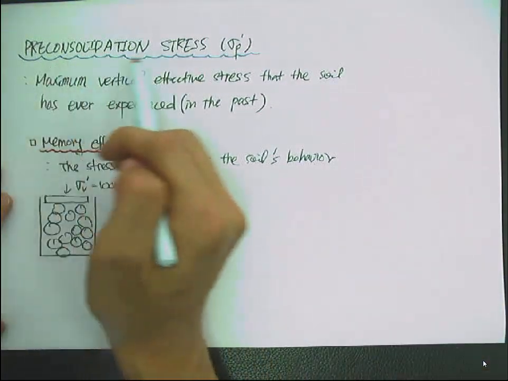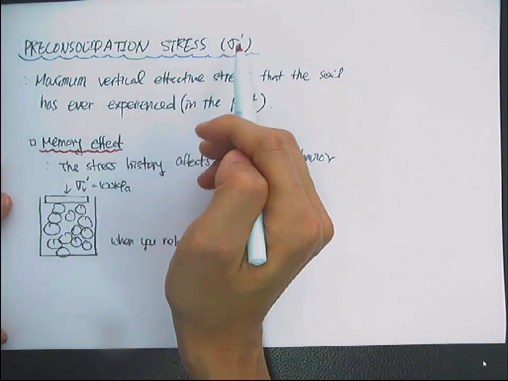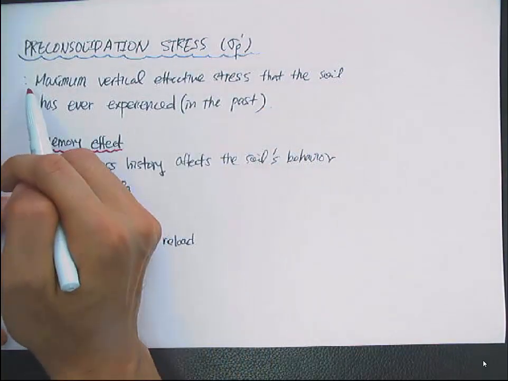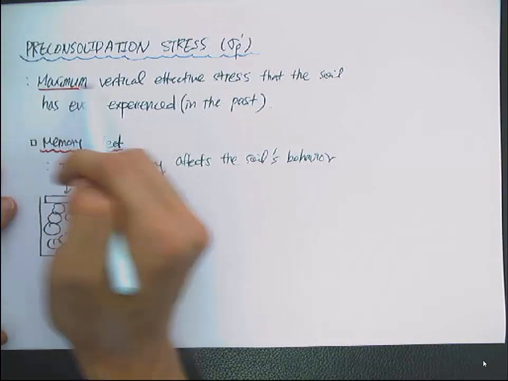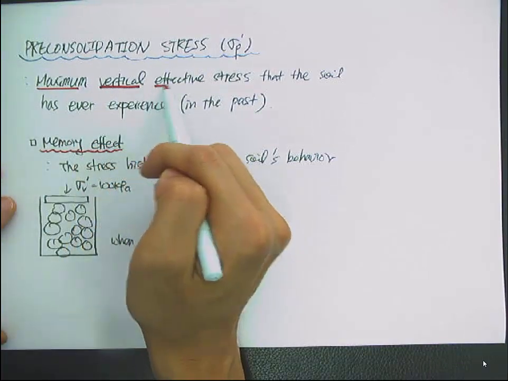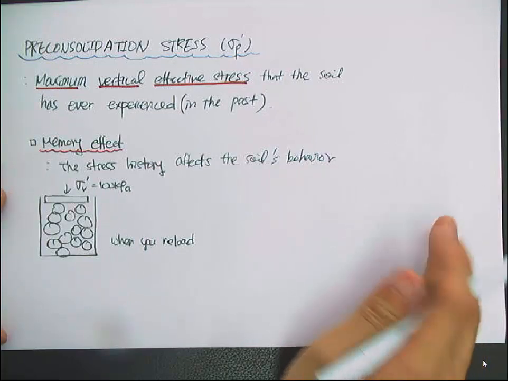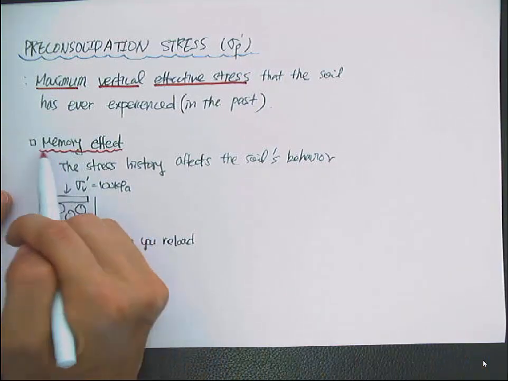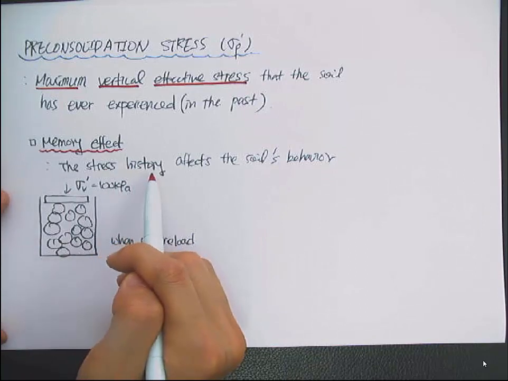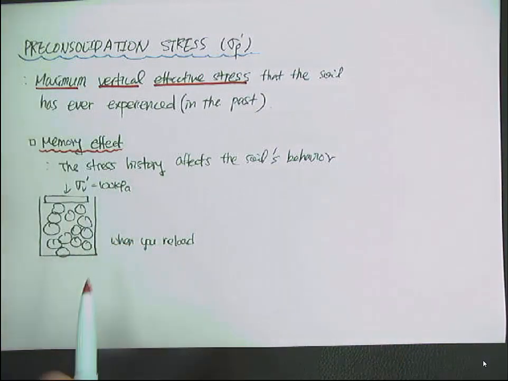Pre-consolidation stress, sigma p prime, is defined as the maximum vertical effective stress that the soil has ever experienced in the past. Because the soil has a memory effect, stress history affects the soil's behavior.